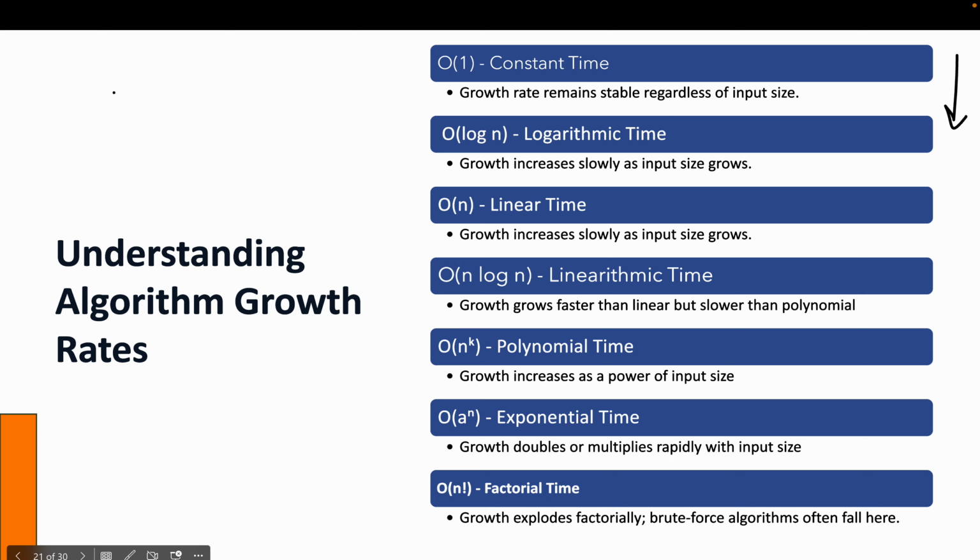You must always know that when the growth rate increases, it means that the complexity increases. When the complexity increases, it means that the efficiency of your algorithm decreases, and it means that the speed of your algorithm decreases.